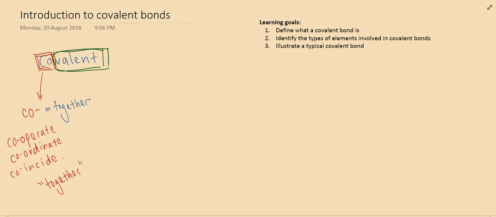Now valent sounds like valence, and I would add valence shells just to make the analogy clean. The valence shells are the outer shells of elements, of atoms.